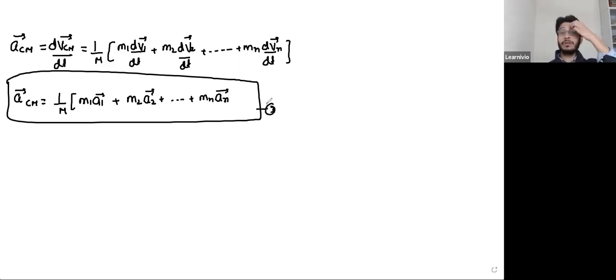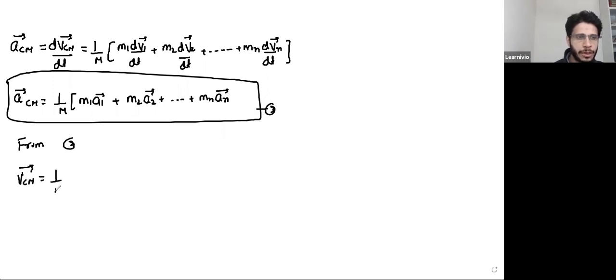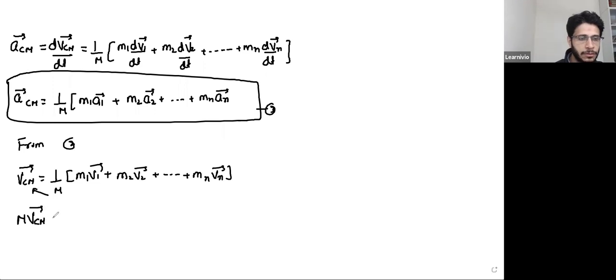You can as well calculate the momentum of center of mass. For momentum, you can use equation number 2, the expression of velocity of center of mass. This is equation number 2, right? This is 1 by M times m1v1. Do you remember the expression of momentum? It's mv.